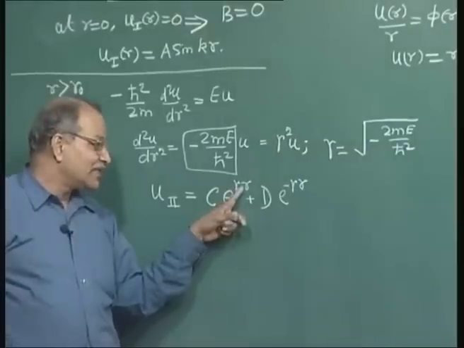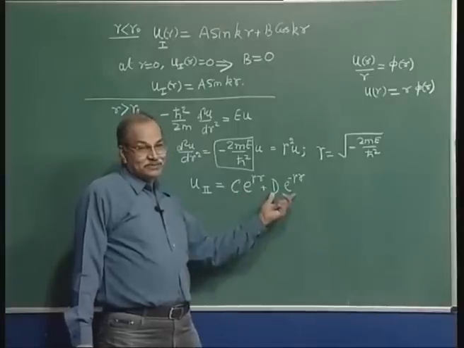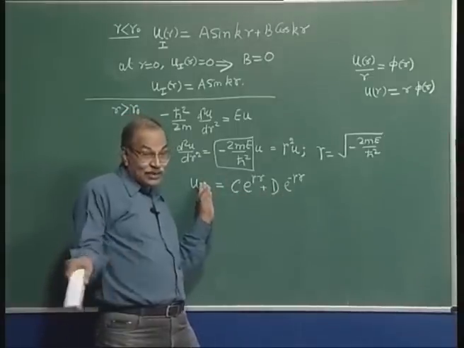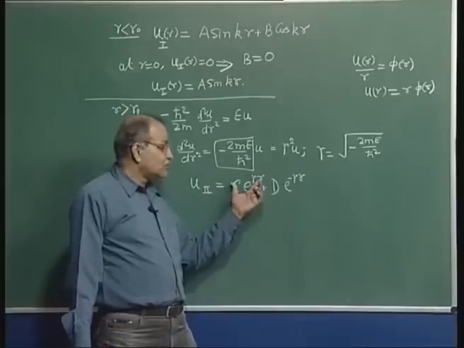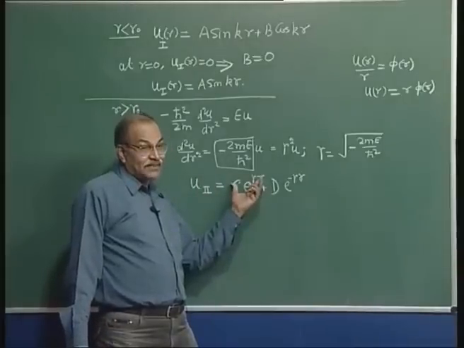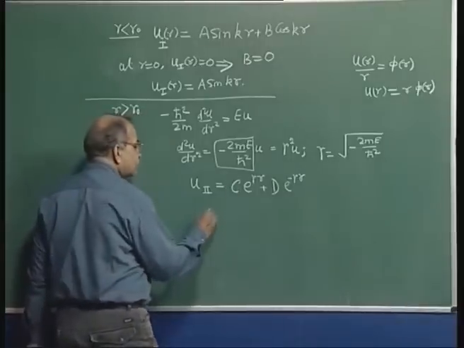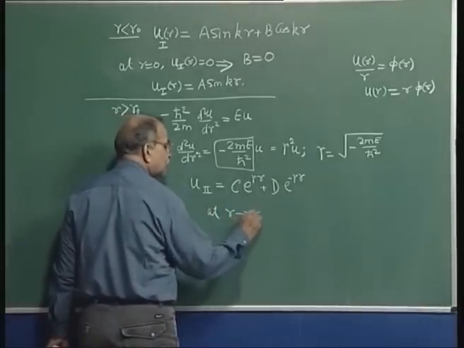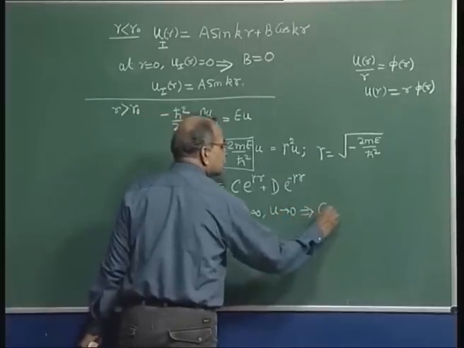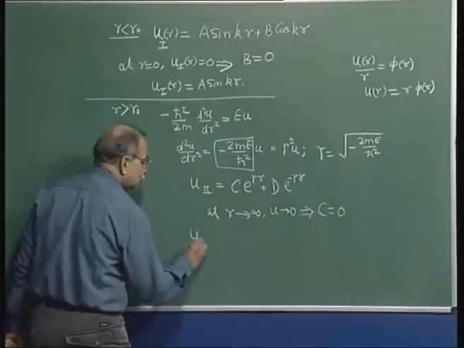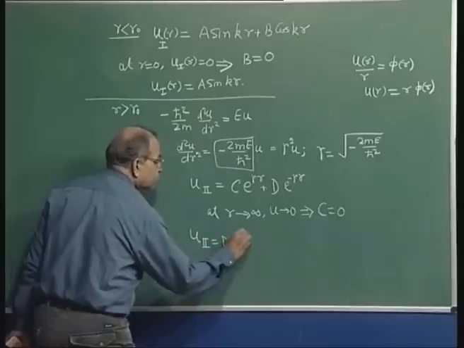As r goes to infinity, this term will go to infinity and this term will go to 0, and since u must go to 0 as r tends to infinity, this term should be absent, and that will happen when this c is 0. So, at r going to infinity, u must go to 0 and that tells me that c is equal to 0, and u2 is d times e power minus gamma r.